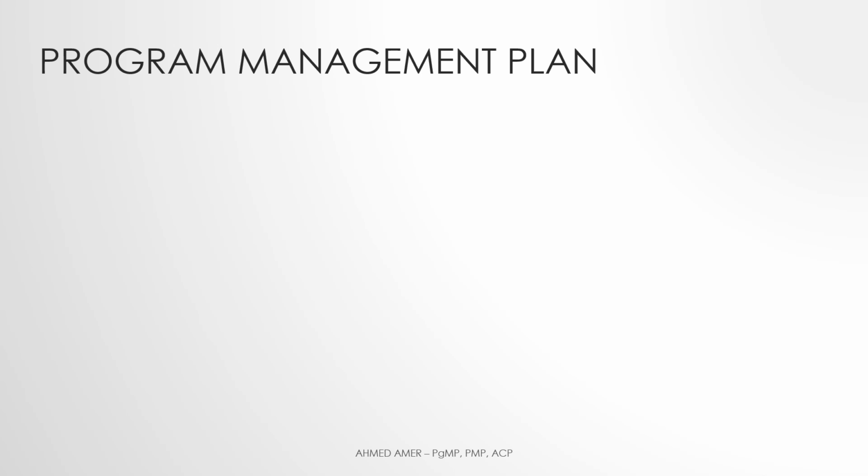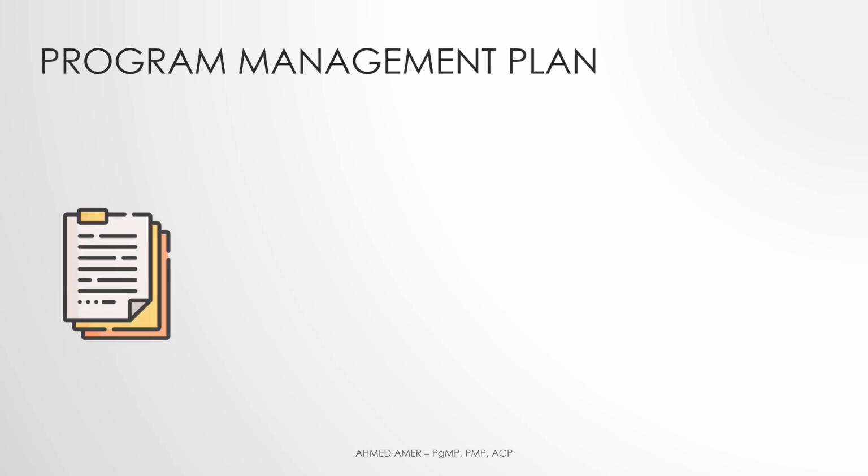Now we have covered two key documents in the program formulation subphase. These are the program business case and program charter. The third key document we have today is the program management plan. As we have established, the program is defined in terms of expected outcomes, required resources, and strategy for delivering the needed changes to implement new capabilities across the organization.